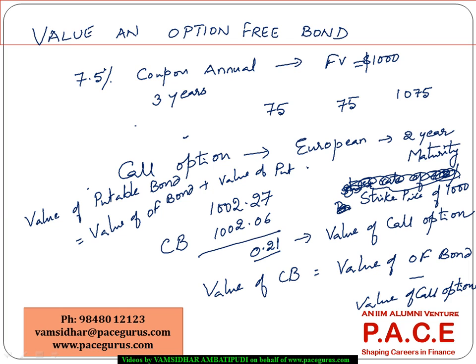So this is one more dimension that we need to be comfortable with. Just to talk about two important formulas: the value of a callable bond is equal to the value of the option free bond minus the value of the call option, whereas the value of a puttable bond is equal to the value of the option free bond plus the value of the put option.